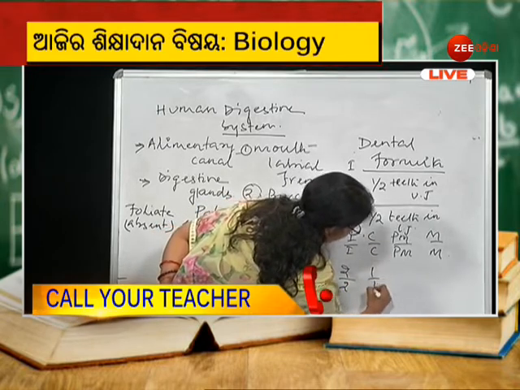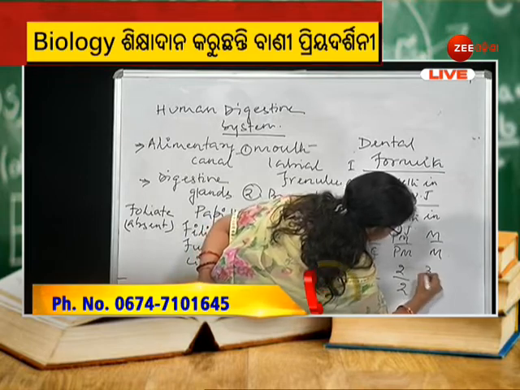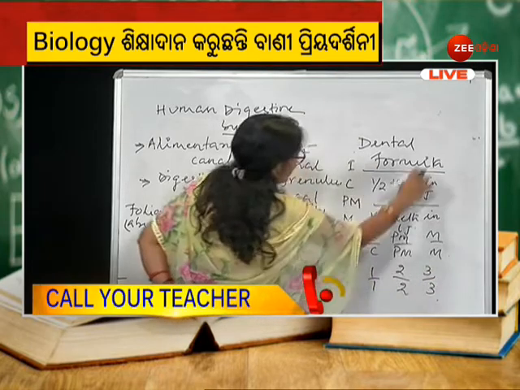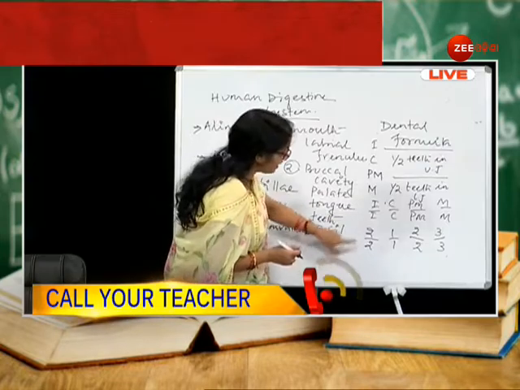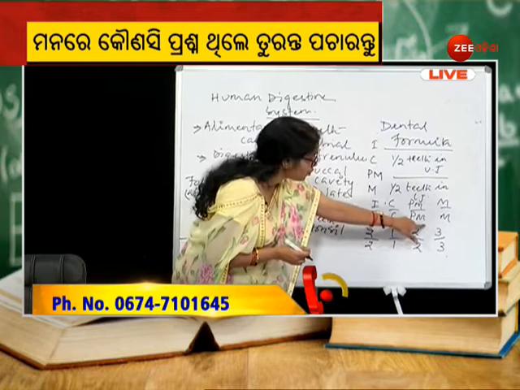Canine 1 by 1. Premolar 2 by 2. Molar 3 by 3. So the dental formula in case of human is 2 by 2, 1 by 1, 2 by 2, 3 by 3.